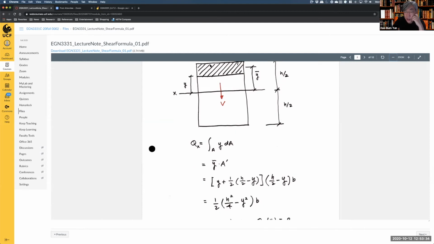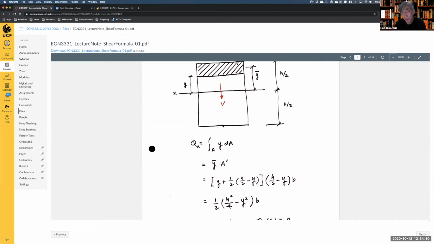If y is h over 2, which is the top of the beam, what will Q be? 0. If Q is 0, then what will your shear stress be? Zero. As you can see from the formula, at the top of the beam the shear stress is 0.